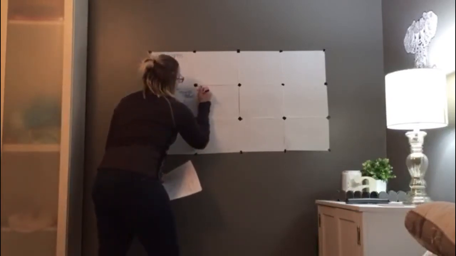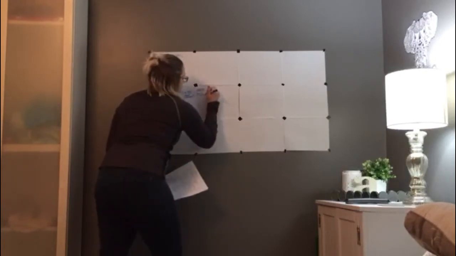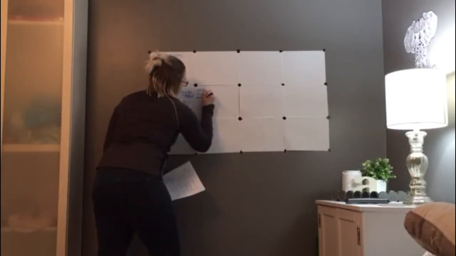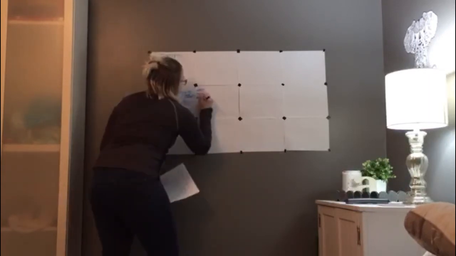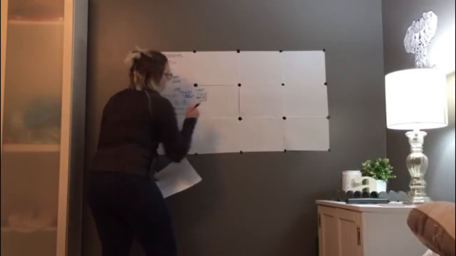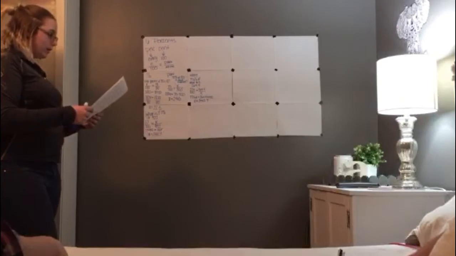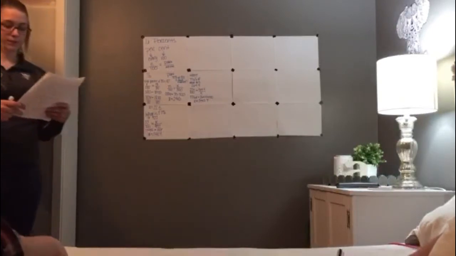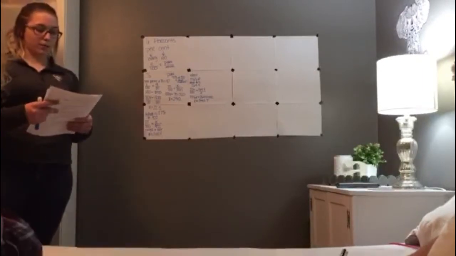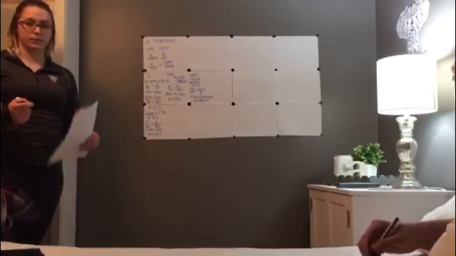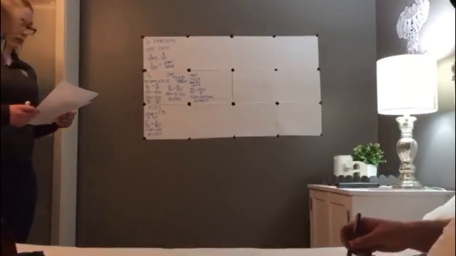So the example problem is 77.6% of what number is 264.4. 48% of what is 314? It's going to be problem number 4 on your worksheets. Okay, I'll give you a minute to solve that and then let me know what the answer is.